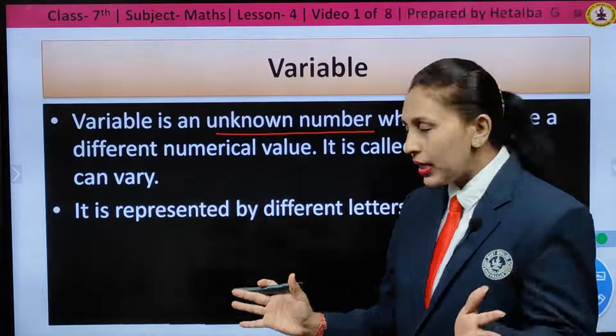While transposing the numbers, the sign of the terms will get changed. That is, negative will become positive and positive will become negative. So both the expressions you have to solve in such a way that all the terms with the variables come on one side and all the constants on the other side.